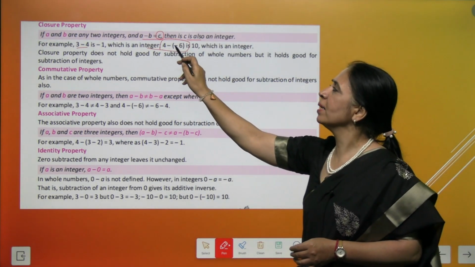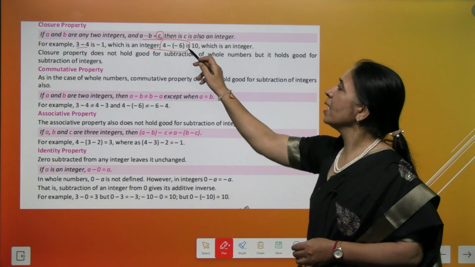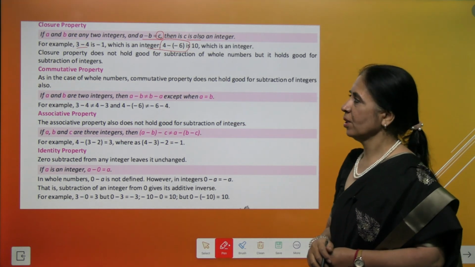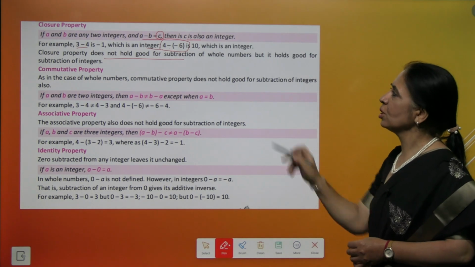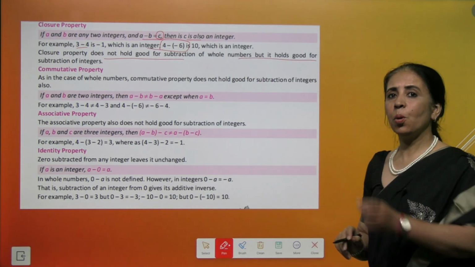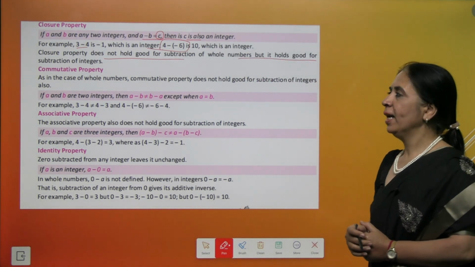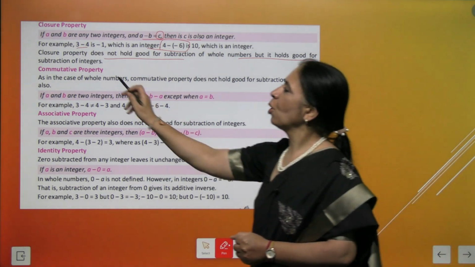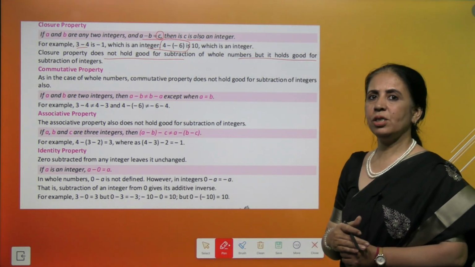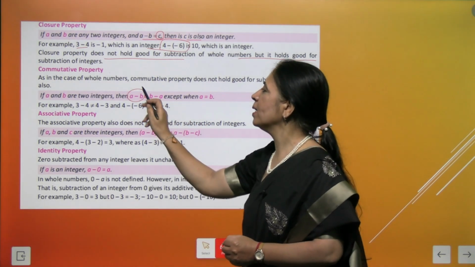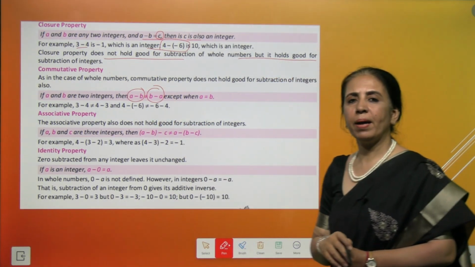Again, 4 minus of minus 6. This is 10, which is again integer. So closure property does not hold good for subtraction of whole numbers, but it holds good for the subtraction of integers. Talking about commutative property, here if a and b are two integers, then remember a minus b is not equal to b minus a.